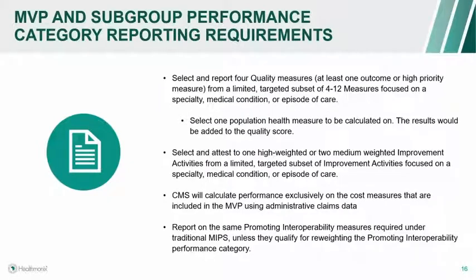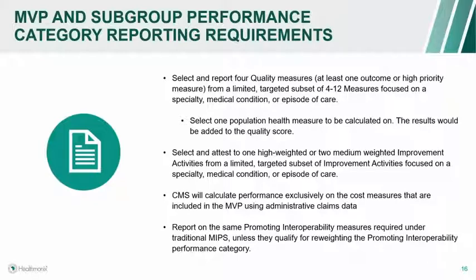Right. And here is a high-level overview of the MVP and subgroup performance category requirements. So for quality, the requirement is to select and report on 4 quality measures. At least one must be an outcome or high priority measure.